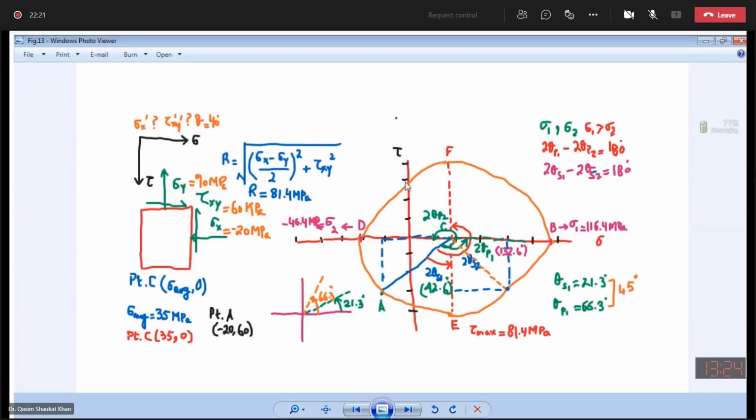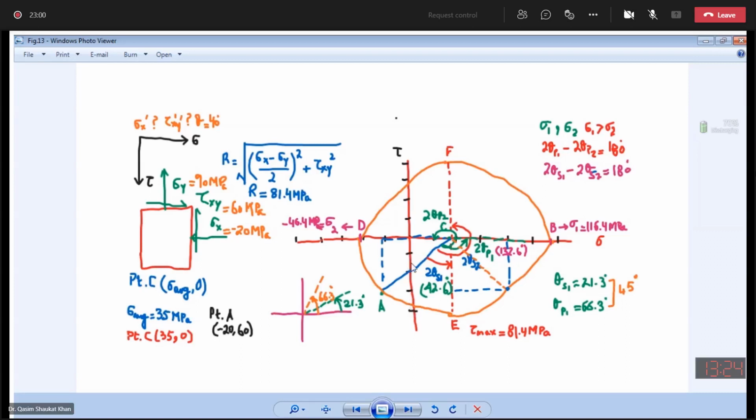This is my origin, the center of the axis, 0, 0. Because I know that the radius is 81.4, I need to go up to 80 at minimum. So on the shear stress axis this is 0, minus 20, minus 40, minus 60, and minus 80 megapascals, then 20, 40, 60, and 80 megapascals positive.